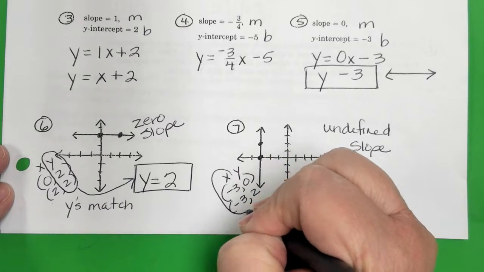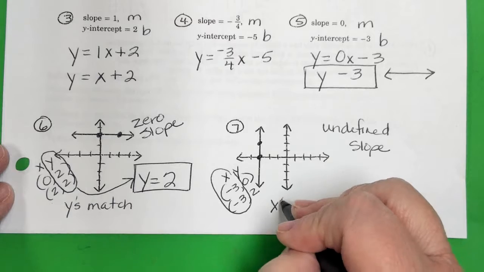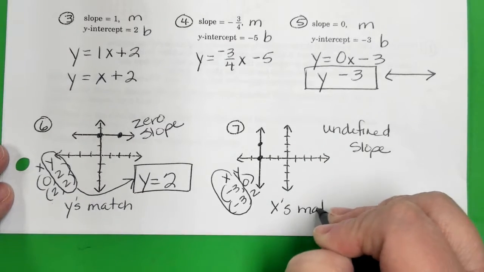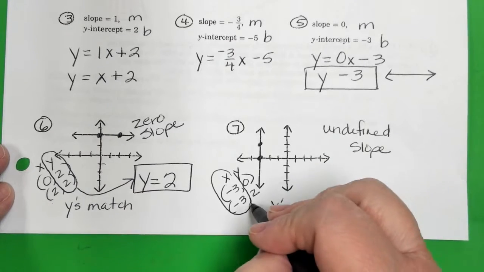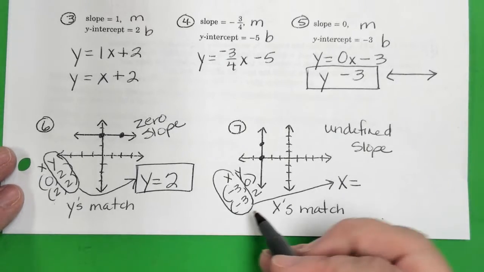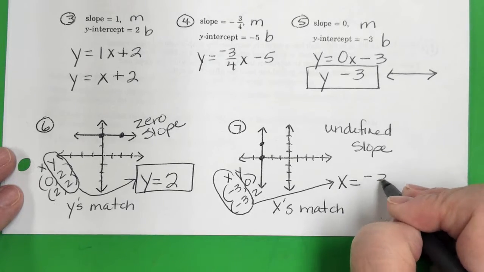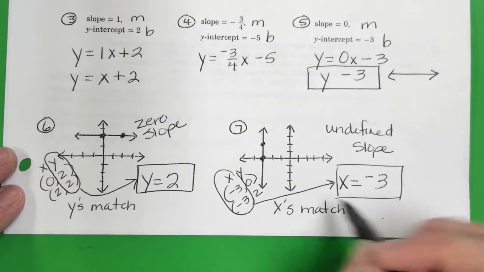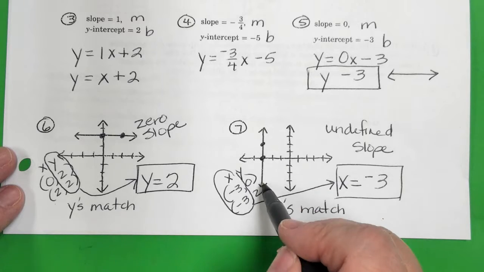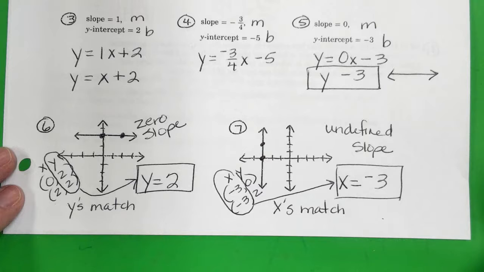Well, this time the x's match in the ordered pair. So instead of y equals a number, we're going to have x equals a number, and that number is going to be -3. If we wrote all the ordered pairs, x would be nothing but -3, and our y values would all be different.